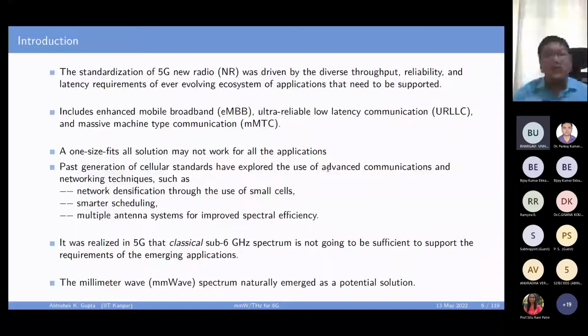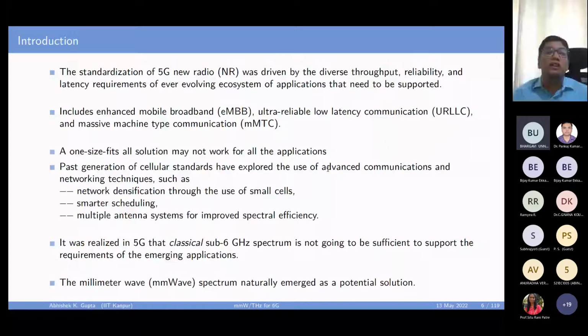Then you can, of course, increase spectral efficiency by using multiple antenna systems, and doing some more tweaking, such as smart scheduling and other techniques. We have used many of these techniques, and some are still being discovered.